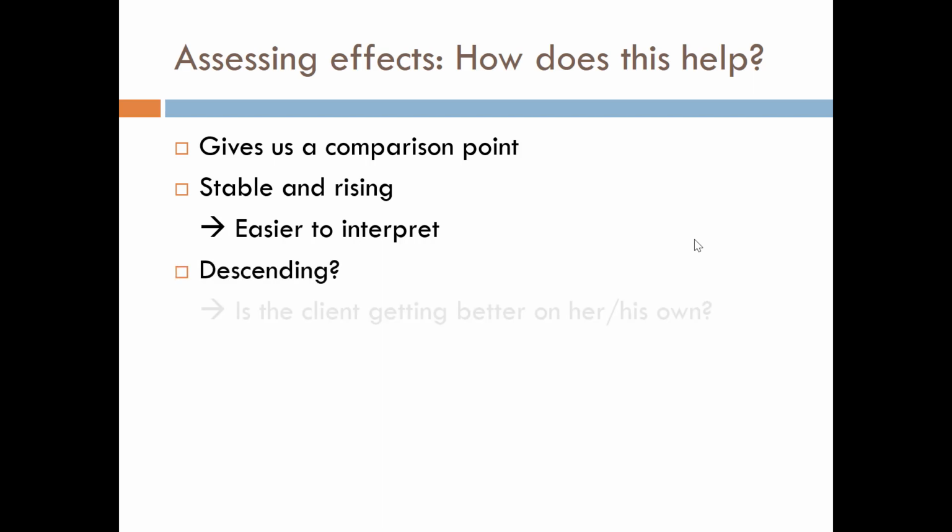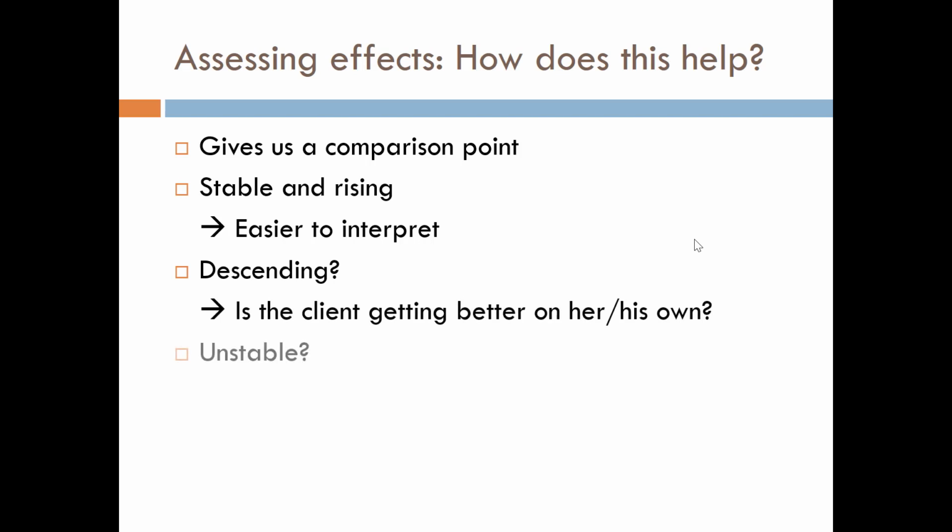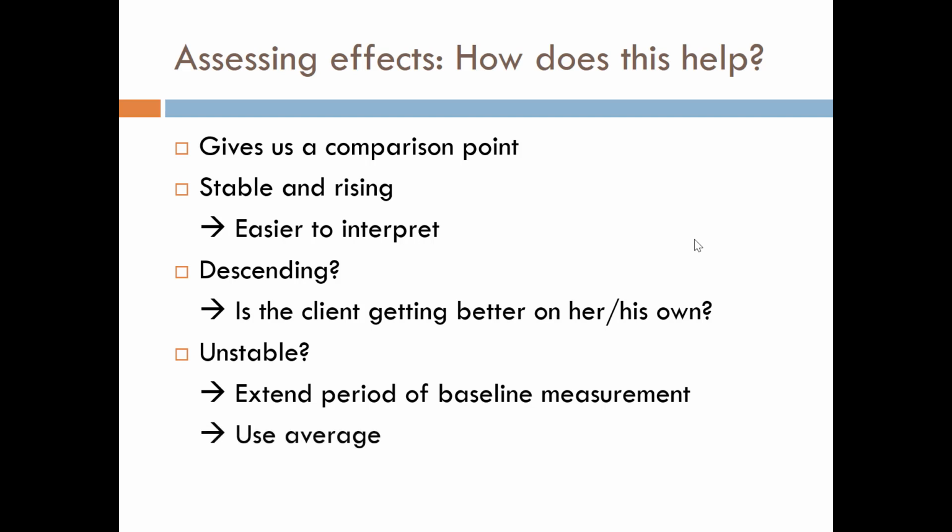But if they're descending, we might ask ourselves, is the client getting better on their own? If it's unstable, we may want to extend the baseline measurement period if possible. After 3 weeks or so, it's hard not to really get into the therapy in some cases. So in that case, we might take an average of those scores to compare.